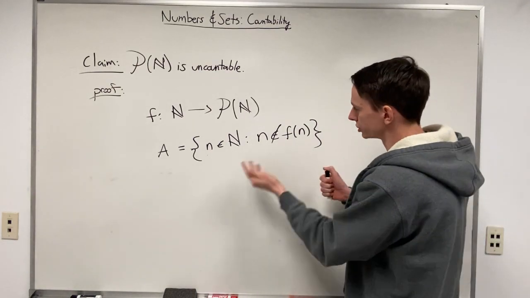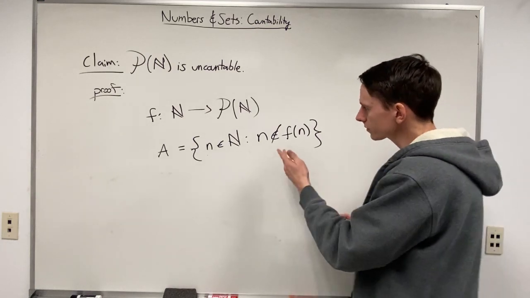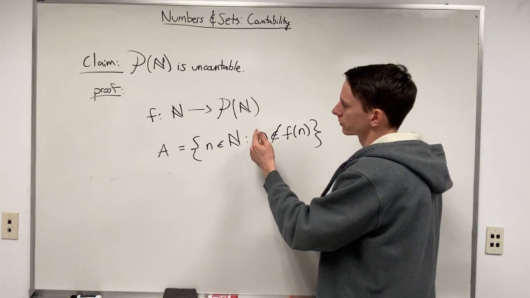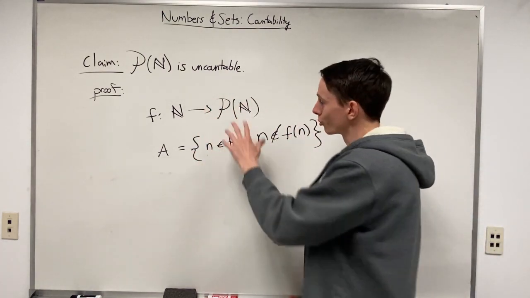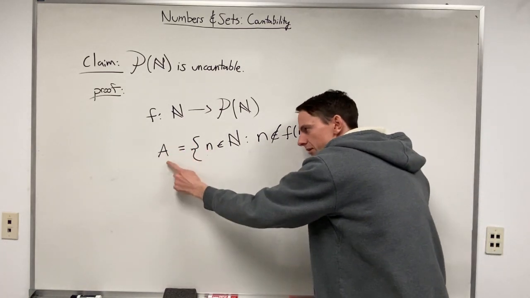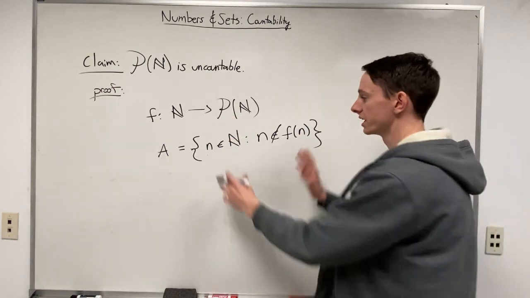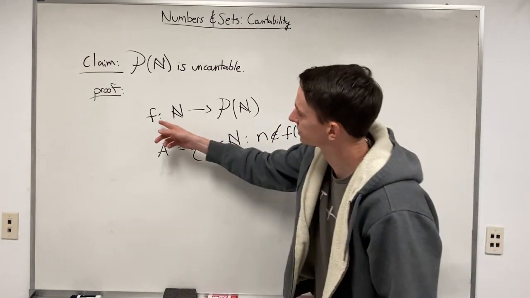And since we can always do this, we can always guarantee that the entire image will not be the codomain. So by constructing a subset A of the power set of natural numbers in this manner right here, we are guaranteeing that f is not surjective.